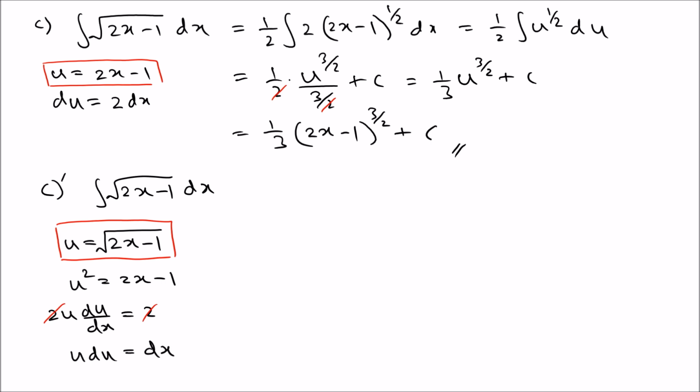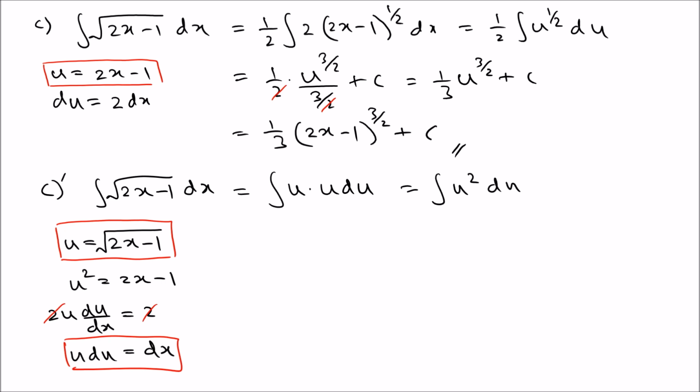So it's slightly different this time, but that's okay. What happened now is you don't need any rearrangements. The square root of 2x minus 1 becomes u, but dx is now u du. That's what you get. So that means it is u squared du.